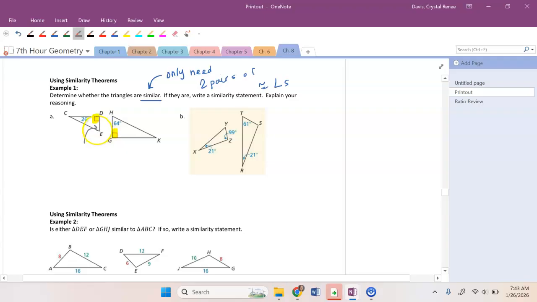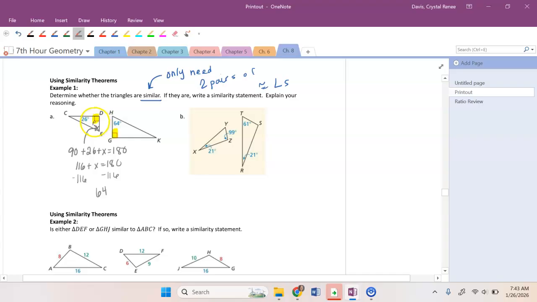So I'm going to go ahead and find the measure of this angle by just saying if this is x, let's say 90 plus 26 plus x is equal to 180. So 116 plus x is 180. And then if we subtract 116 from that, you do get 64.